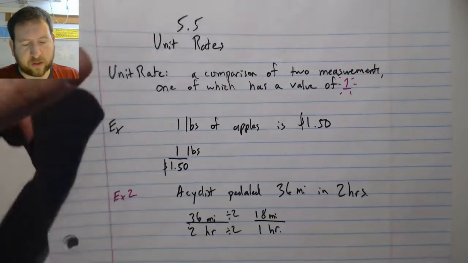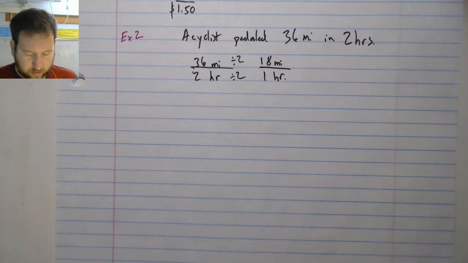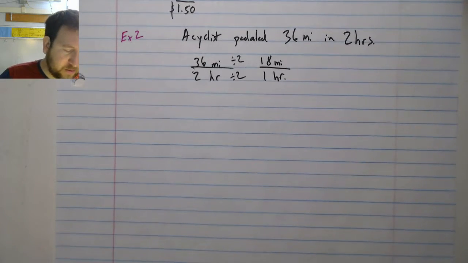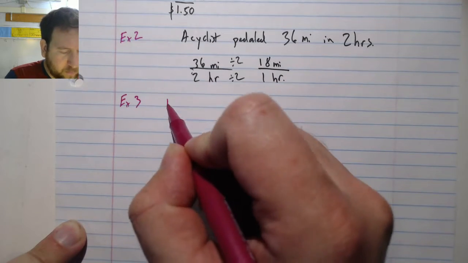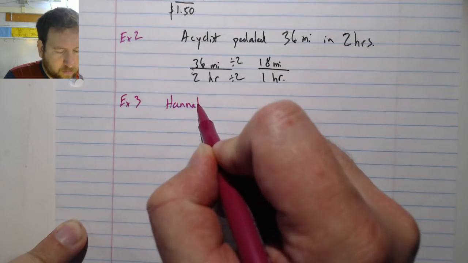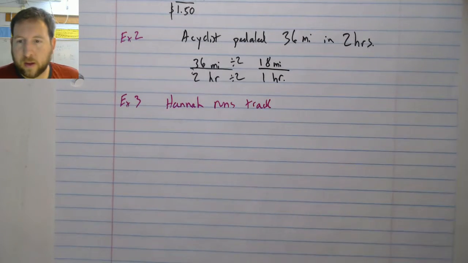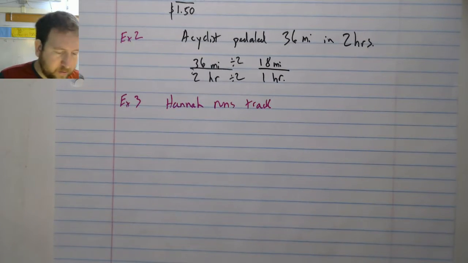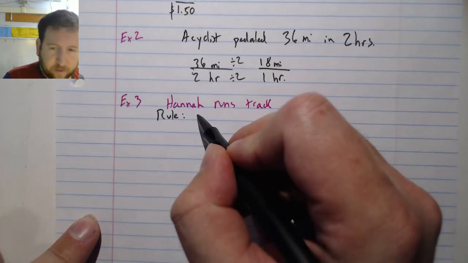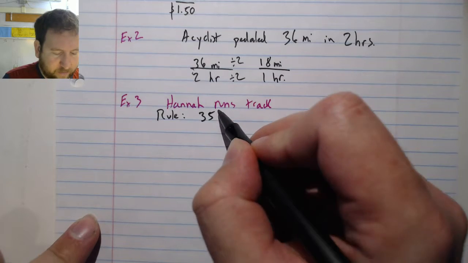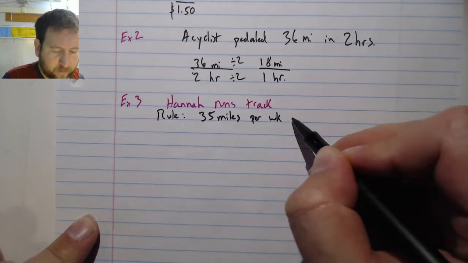Okay, our question could be, we're going to look at Hannah. Hannah runs track. And the rule from her coach, everyone runs 35 miles per week minimum.